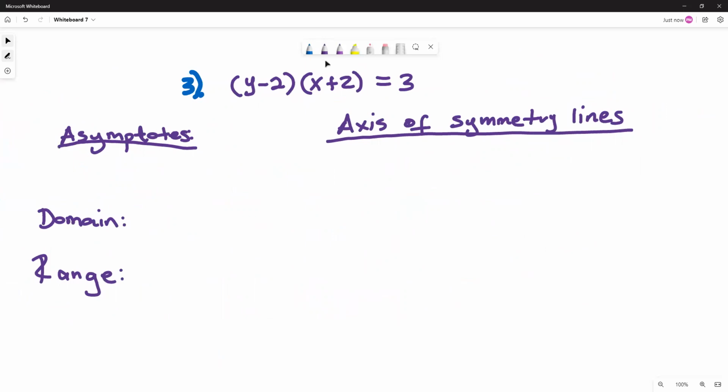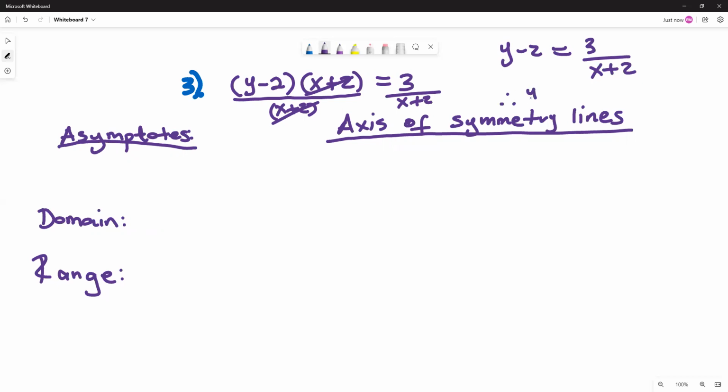So on 3, as well, we need to make y the subject of the formula. So I have to divide by x plus 2 both sides, right? x plus 2. This will cancel that. So I have y minus 2 equals to 3 over x plus 2.